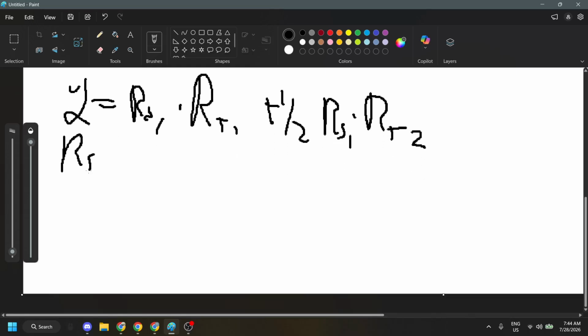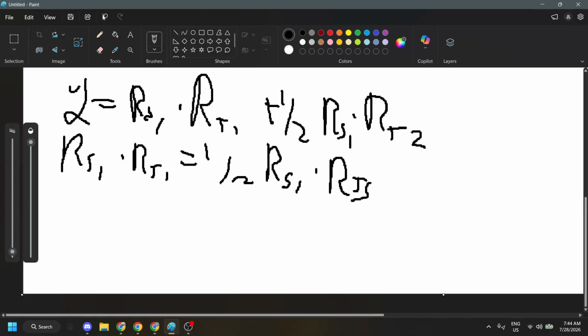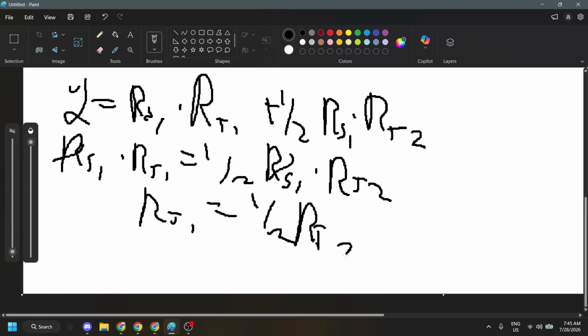So we know that rabbit speed 1 times rabbit time 1 is equal to 1/2 rabbit speed 1 times rabbit time 2. This is the key. These two cancel out. So rabbit time 1 is equal to 1/2 rabbit time 2.